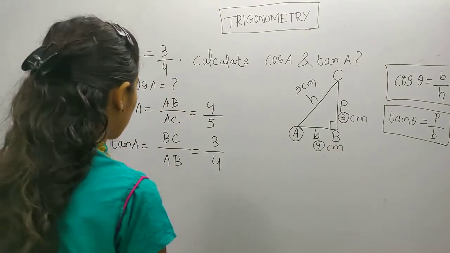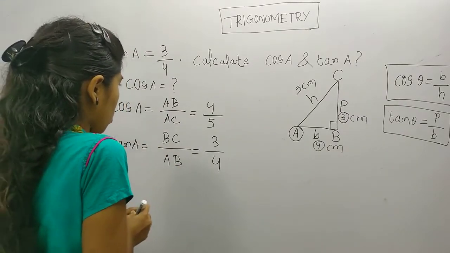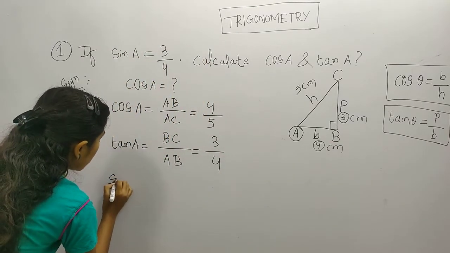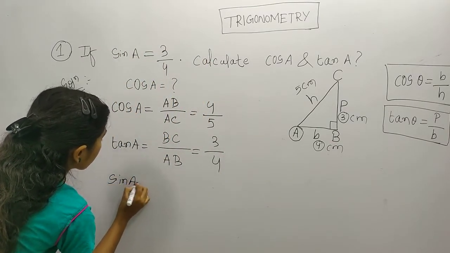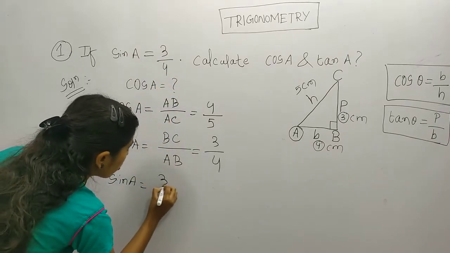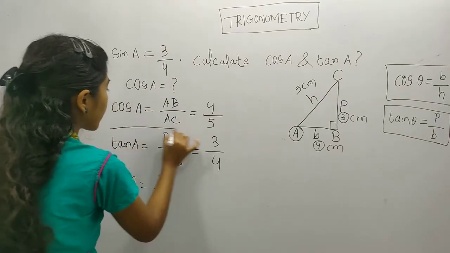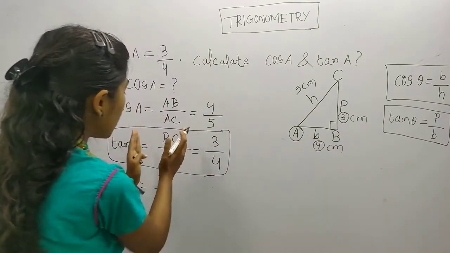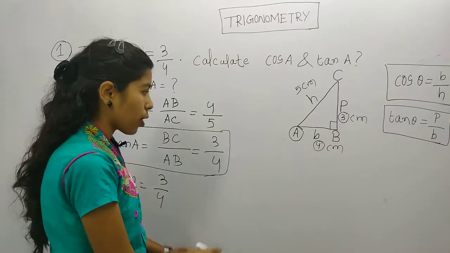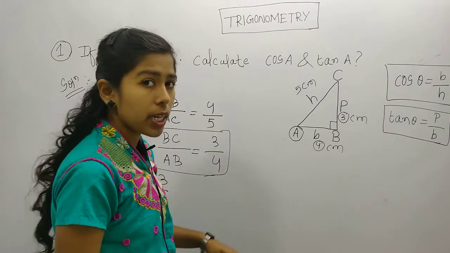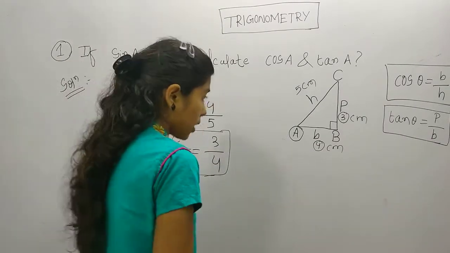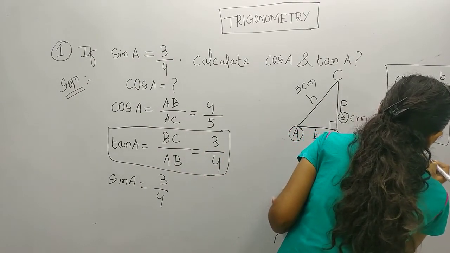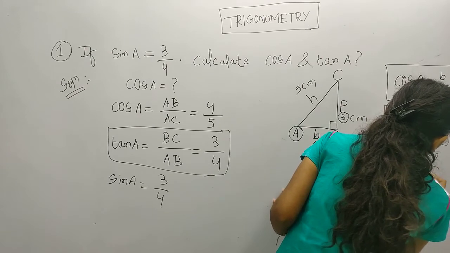Now we will write another one, sin A. Here it's given sin A is 3 by 4. For finding tan A, from the tan theta formula we directly wrote P by B equals 3 by 4. Again, one more method is there, which I have already mentioned: tan theta equals sin theta by cos theta.